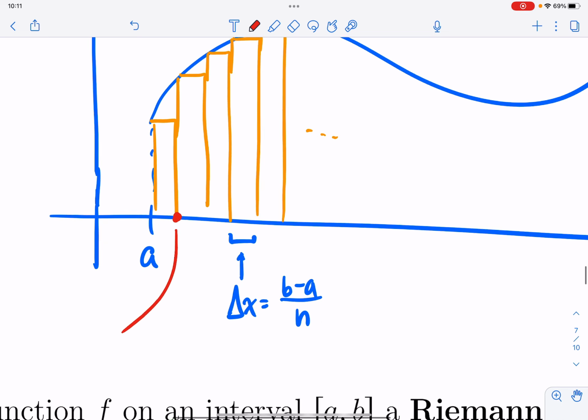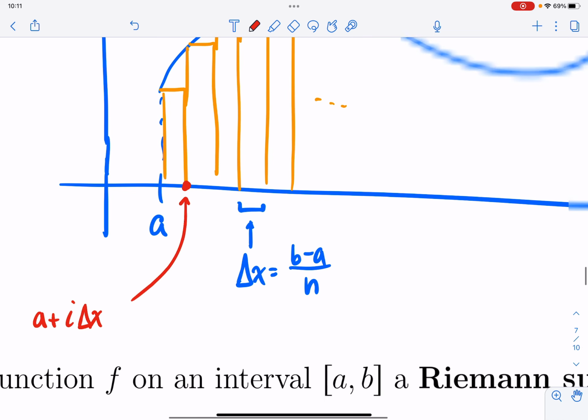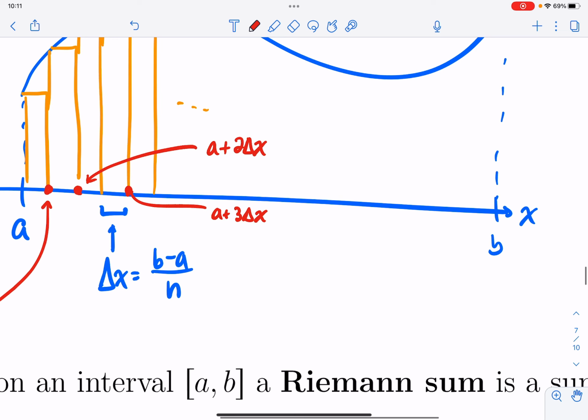This should be thought of as A plus one copy of delta x. And then this point should be thought of as A plus two copies of delta x. So this should be one copy of delta x, it should be two copies of delta x, and then this one should be A plus three copies of delta x, so on and so forth.